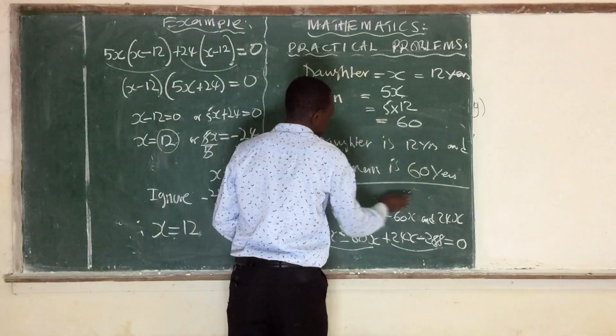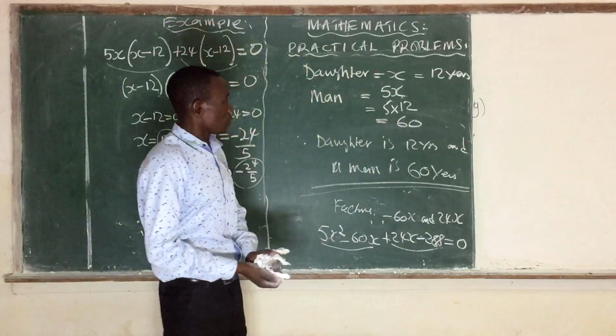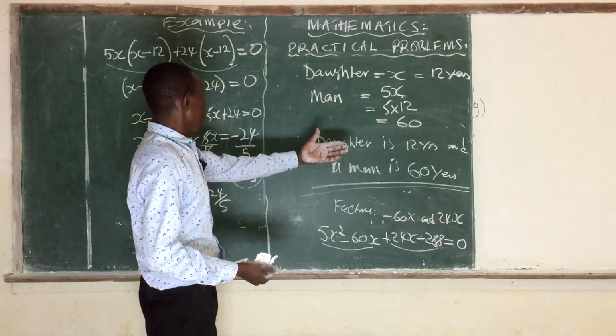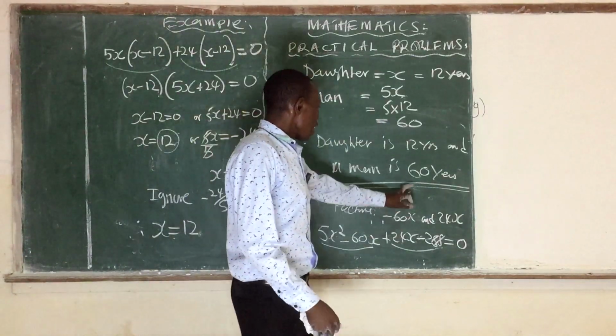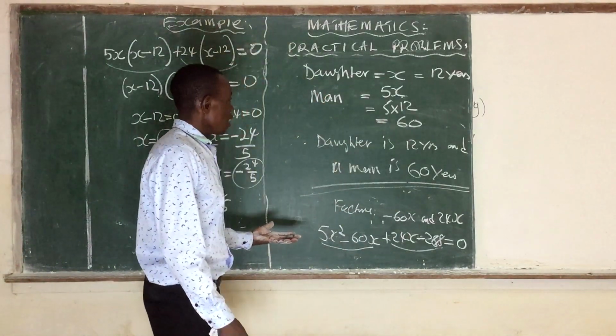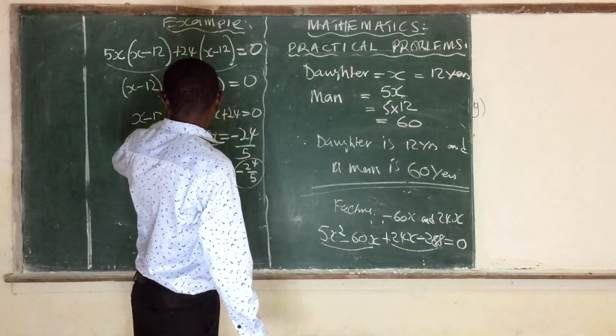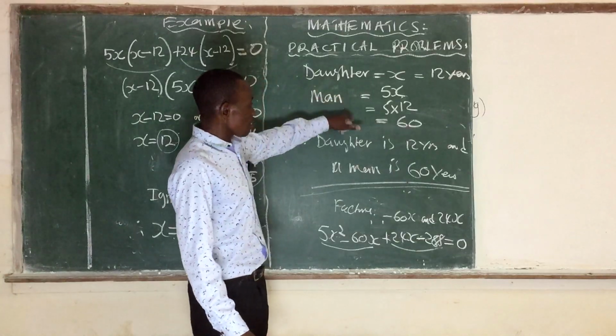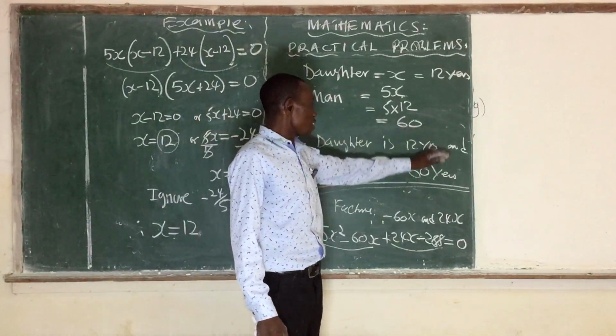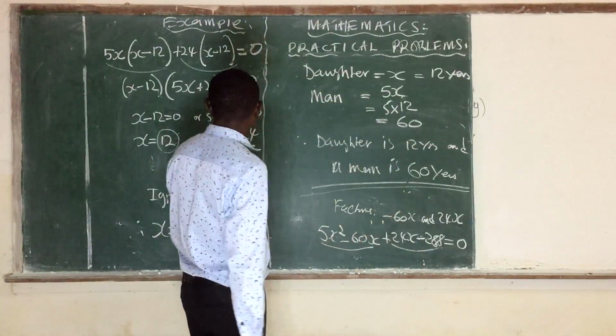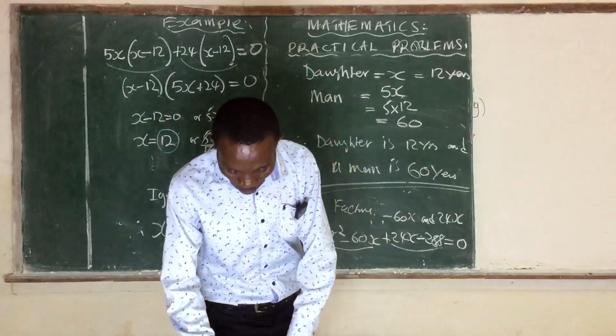Right. So that ends the discussion. Right. So you can even test this one out. Try to multiply their ages 6 years ago, which were represented by x minus 6 and 5x minus 6. When you multiply, you are really going to get the same number, which was 324.